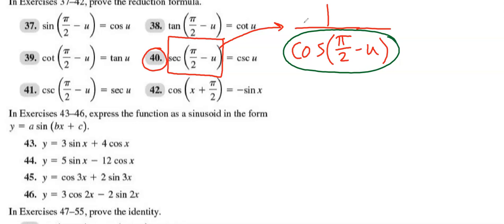Go back to your cosine. According to that box, right? Cosine, sine. Do you have that formula written somewhere? You'll have to have that formula to look at to be able to write it out.